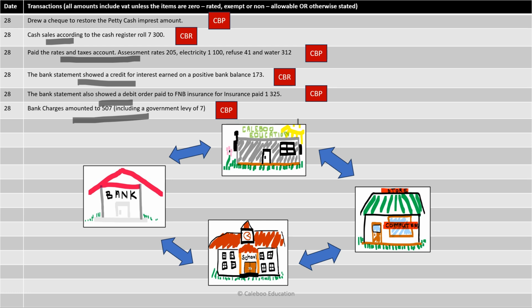I thought I'd just show you the role players here. Just a reminder, we are doing the books for my business Calibre Education. We specialize in accounting lessons, and often we buy items from the computer store.